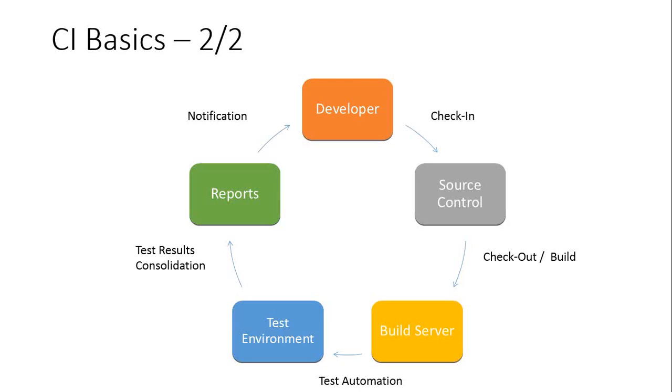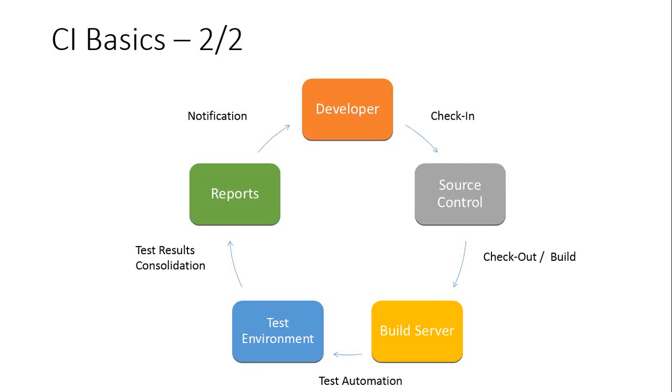Once that has been deployed to a test environment, we can also schedule to run automated test cases. This could be again unit test cases, what the developer has already built as part of the process, or it could be a regression test suite if you have proper capacity to have a testing team.